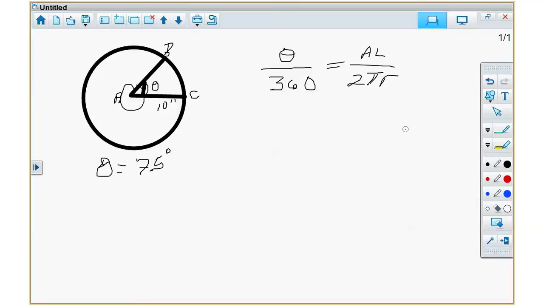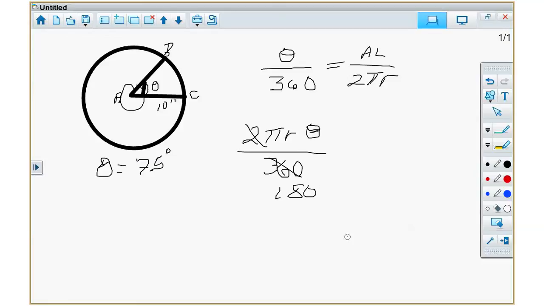Now, what are we trying to find? Arc length. So we have to multiply both sides by what? Okay, so that'd be 2 pi r theta divided by 360, which the 2 and the 360 will cancel and leave 180.